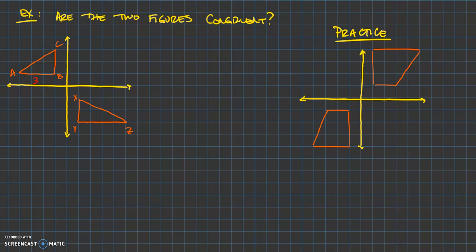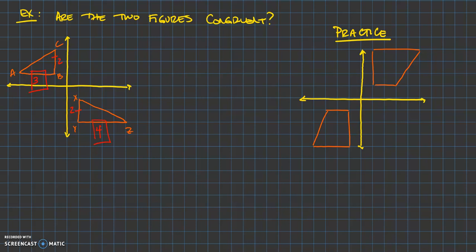AB is 3, CB is 2. Now XY corresponds to CB, and those are 2. I could even show a little tick mark saying those are the same. But YZ is 4. And so I have a point of non-congruence here. AB corresponds to YZ, but they are not the same length.